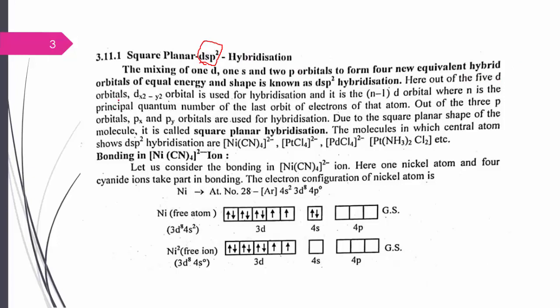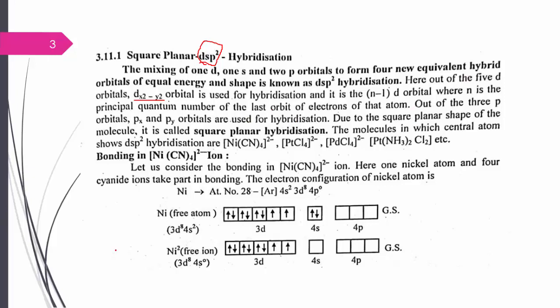Out of the five d orbitals, the d orbital used for square planar hybridization, very important, is dx square minus y square, and it must be the (n minus 1) d orbital, where n is the principal quantum number, that is, the last orbit of the electron of the atom.